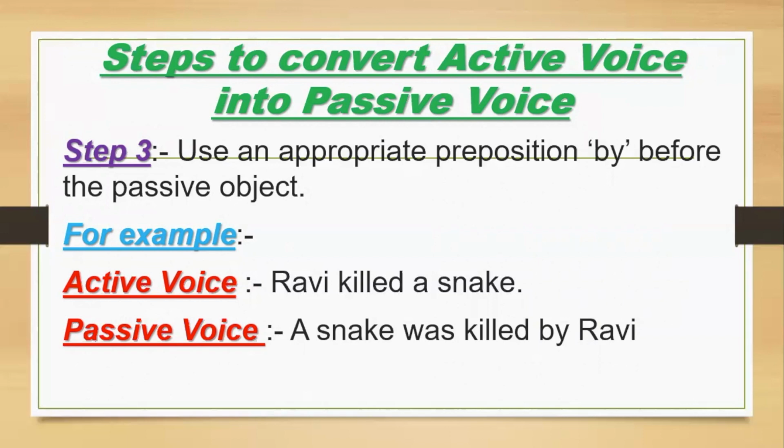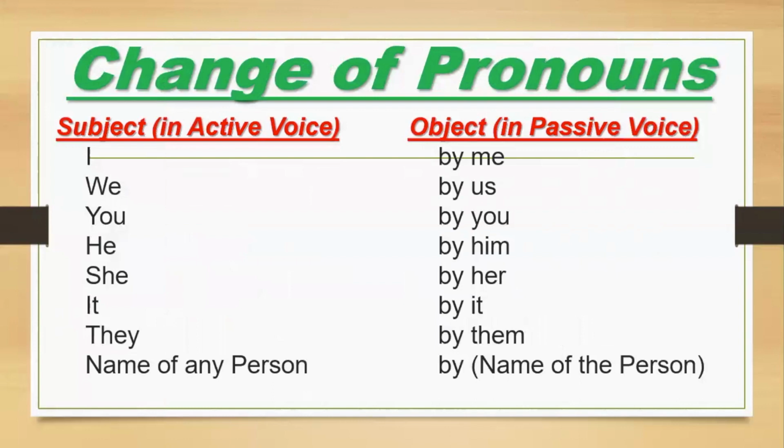A snake was killed by Ravi. Before the passive object, the object that will be in passive, we have to add by. Like in this sentence, a snake was killed by Ravi. By has been added like this only. It is important to add by. Okay, so these were the steps to convert.